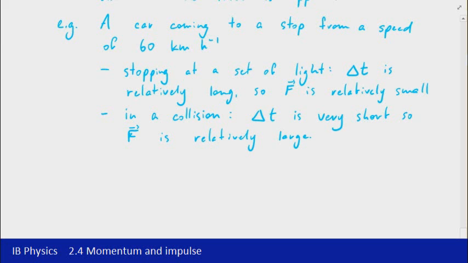So in both cases, coming to a stop from 60 kilometers per hour, it's the same scenario. The difference is the duration over which the force is applied, delta t, and the size of the force itself, F.